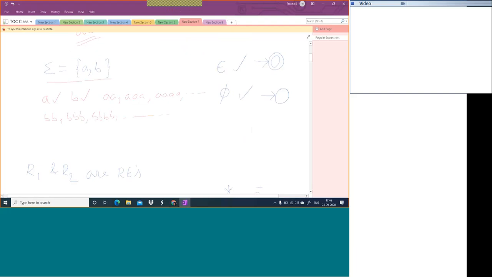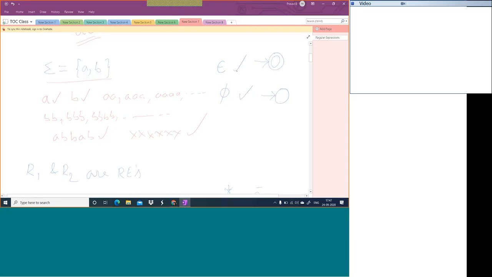Any combination over A and B, suppose A, B, again A, B, like this is a regular expression. So any combination, A or B, A or B. Any combination over input alphabet is a regular expression. So I repeat, every element of input alphabet and any combination of input alphabet is a regular expression.